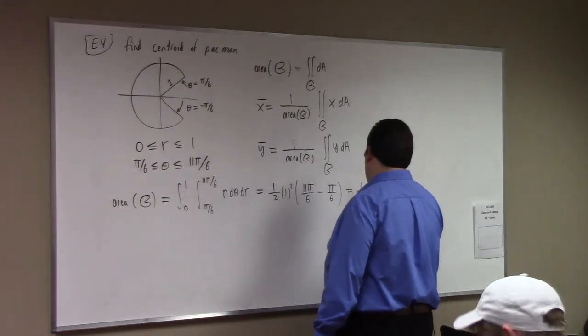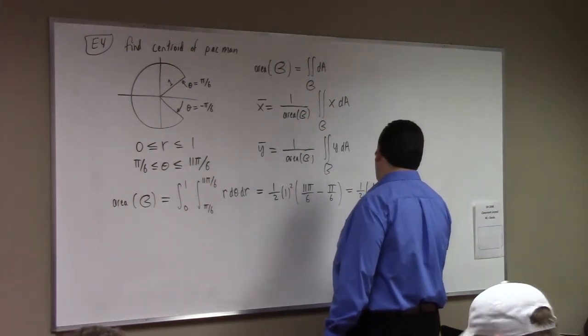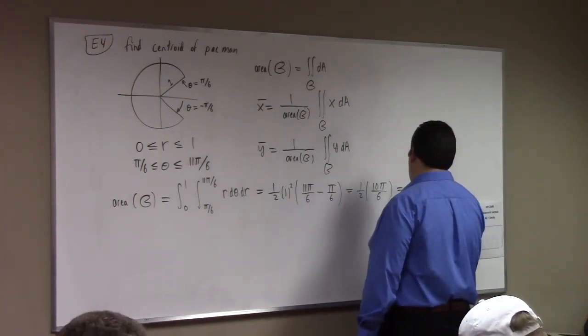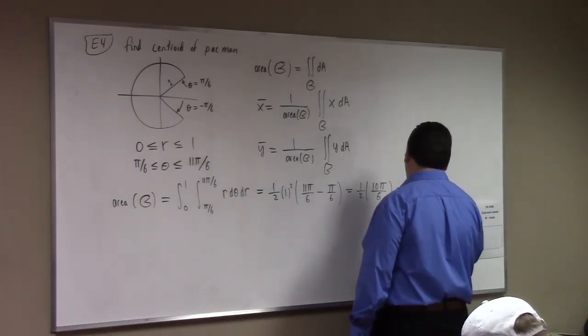In other words, 1/2 of 10 pi over 6, which I believe is 5 pi over 6.